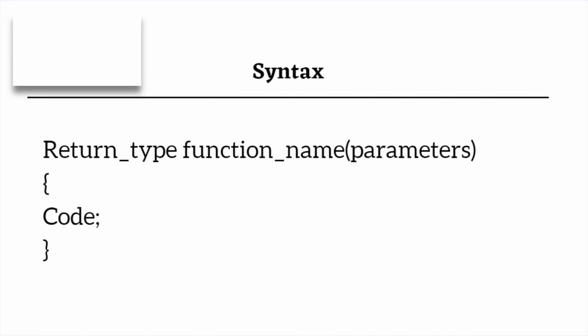First we write the return type. In the next slide I will explain what these represent. First is the return type, the second is the function name, the third is the parameters. Inside this function there is a particular code which does a particular task.